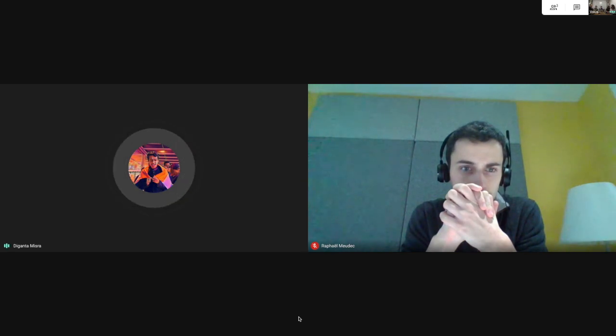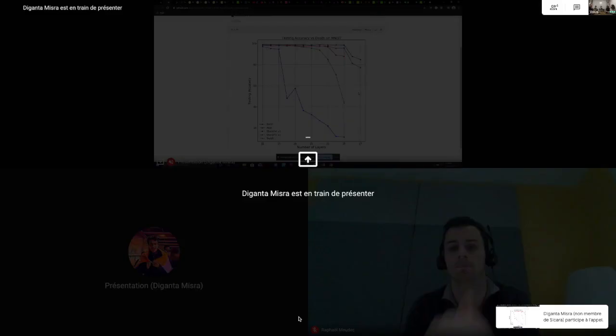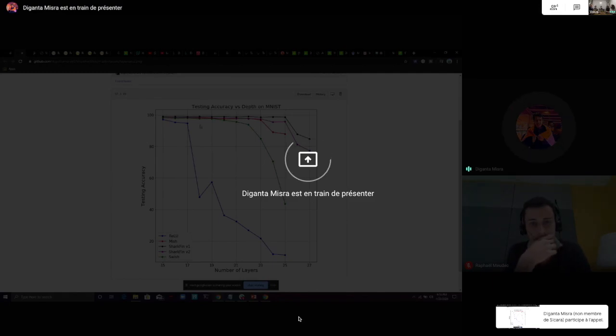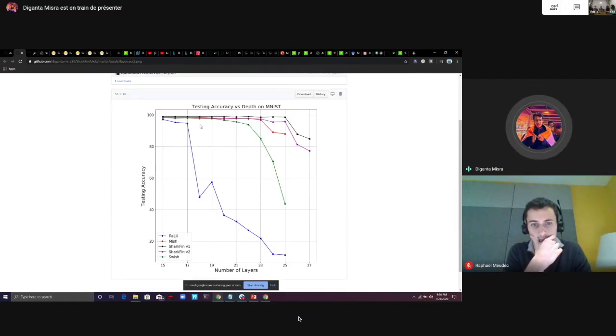I showed this experiment which showed the decrease in test accuracy as compared to the increase in layers, right? As you can see, ReLU drops pretty fast, Swish drops pretty fast, Mish stays at around 85.